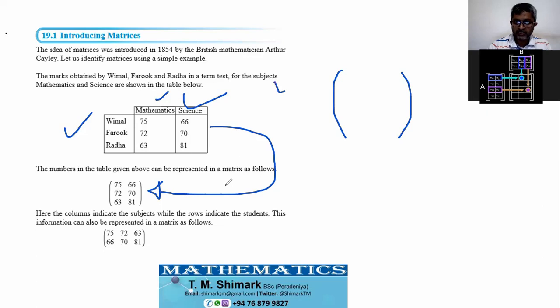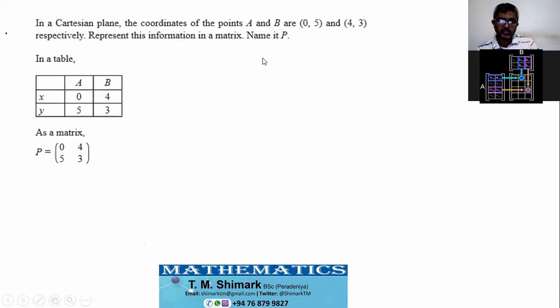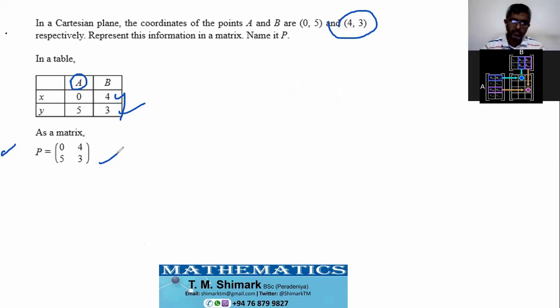So now we want to represent all this without writing math, science, all these things, so we just represent it like this. Now another example: a Cartesian plane where points A and B are. A is (1, 5) and B is (4, 3). That can be given as a matrix like this, 1, 5, 4, 3. That's just a representation of that.